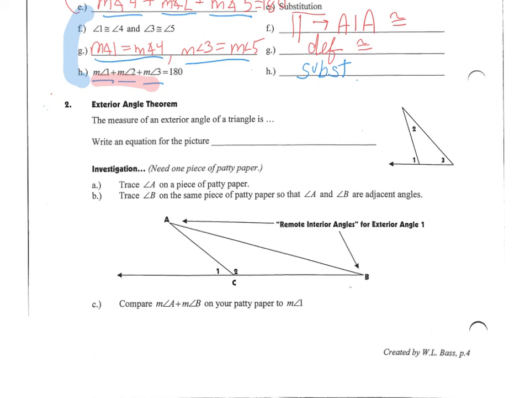And the conclusion is that the measure of angle 1, so this measure here is angle 1 right here, is going to be equal to the measure of angle 2 plus the measure of angle 3. So if we were to add up 2 and 3, that would equal the measure of angle 1.